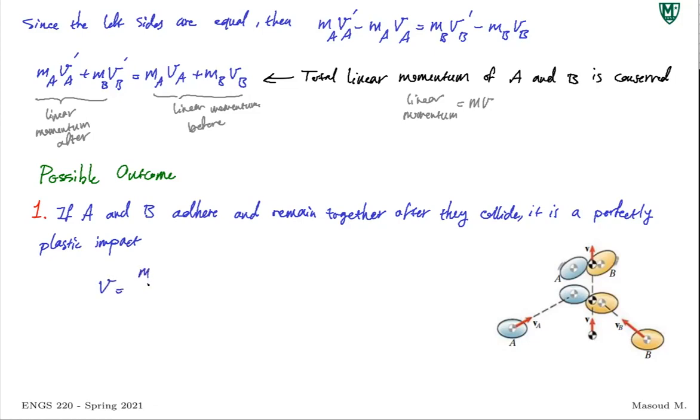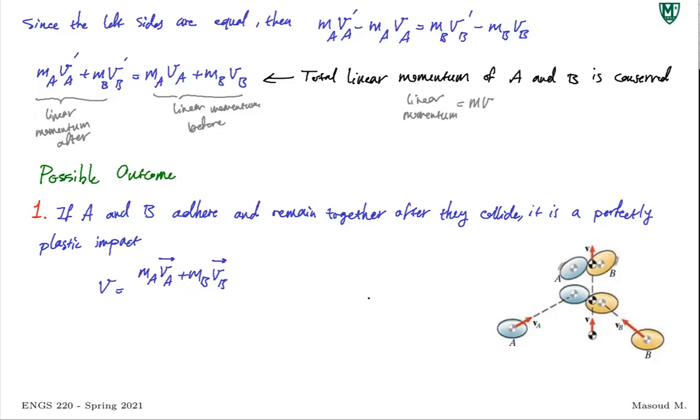You know MAVA plus MBVB. I have to be more careful. These are all vectors. Remember, we said when we're dealing with momentum methods, we treat velocity as a vector. It's not the energy method anymore. So we have to be mindful of the direction of these velocities.